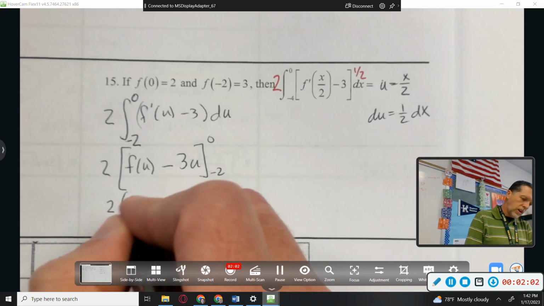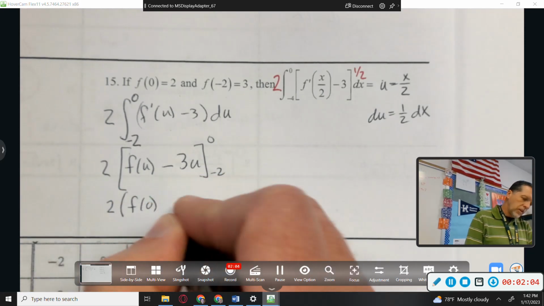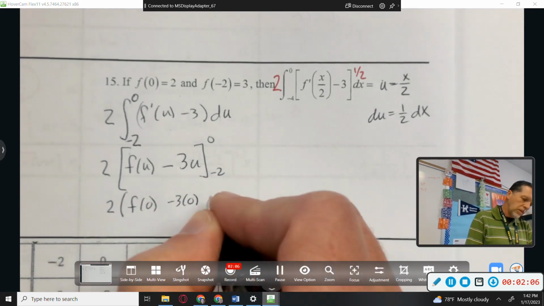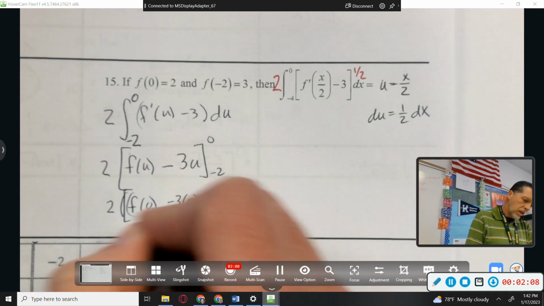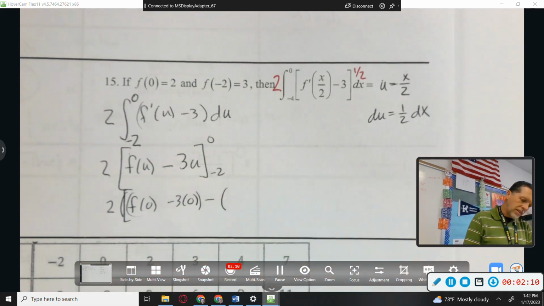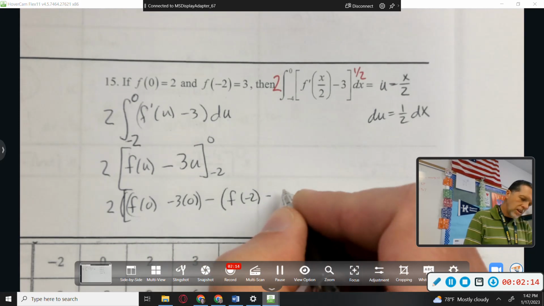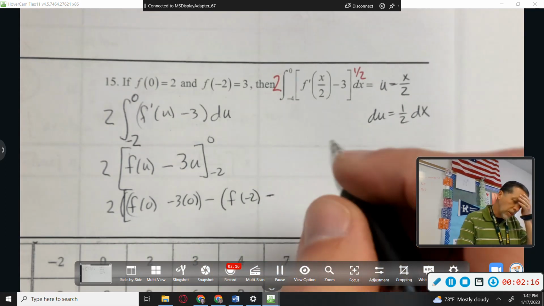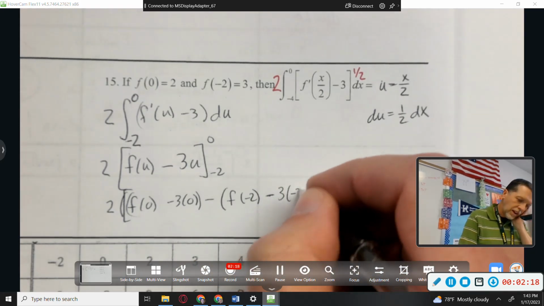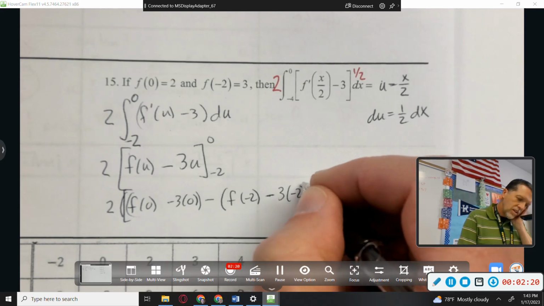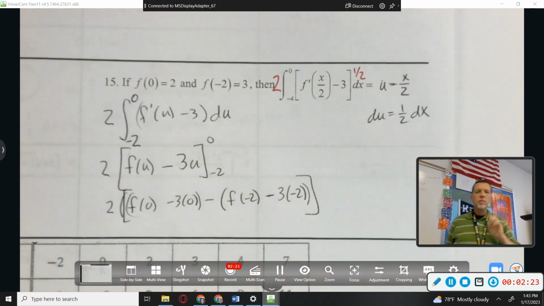So 2 times f of 0 minus 3 times 0, minus f of negative 2. Got negative signs all over the place. Minus 3 times negative 2. Let's keep track of things here.